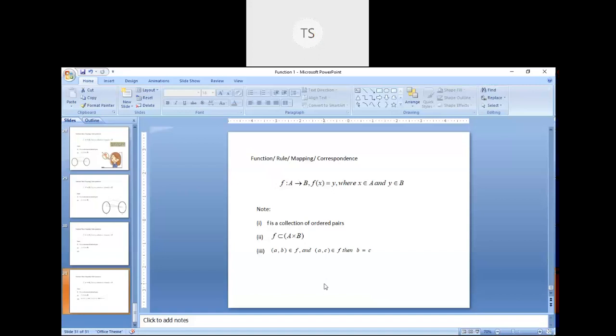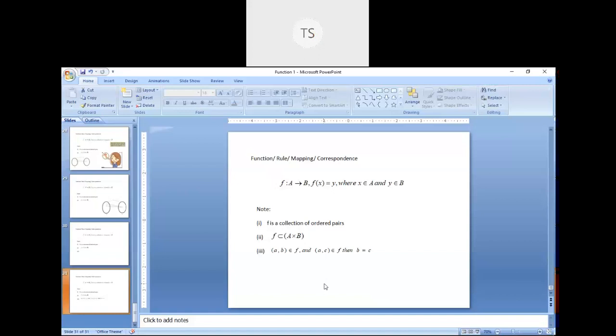So if you consider (a, b), from a to b you are getting an arrow. Again from a to c you are getting one more arrow, which violates the condition that there must be one unique image. So there is only one possibility, that b must equal c.